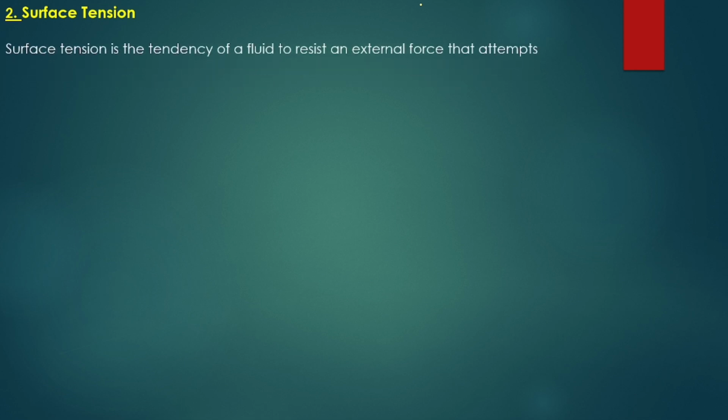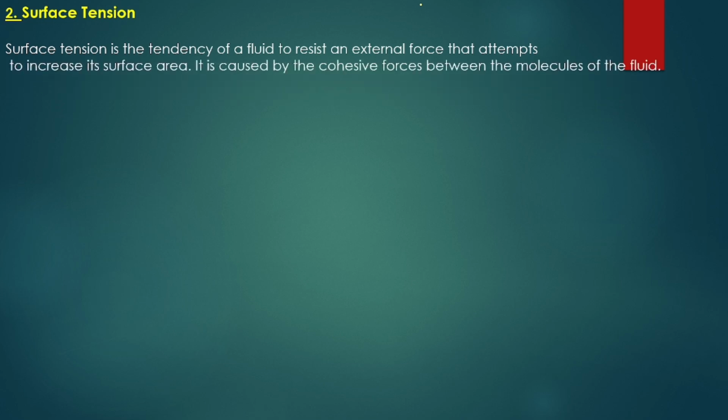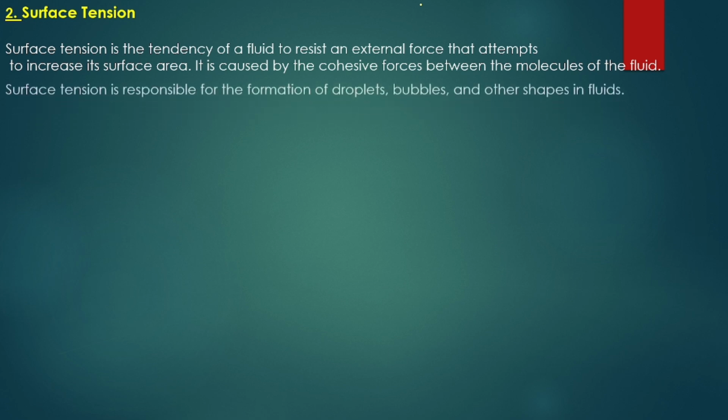So what is that? Surface tension is the tendency of a liquid to resist an external force that attempts to increase its surface area. It is caused by the cohesive forces between the molecules of the liquid.